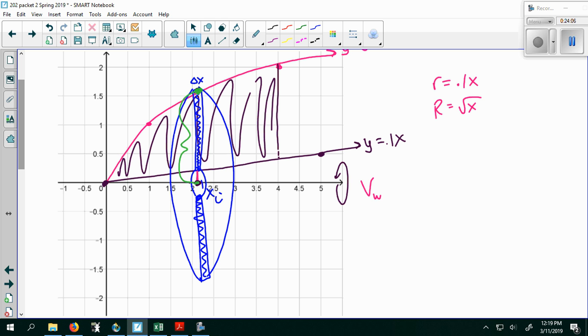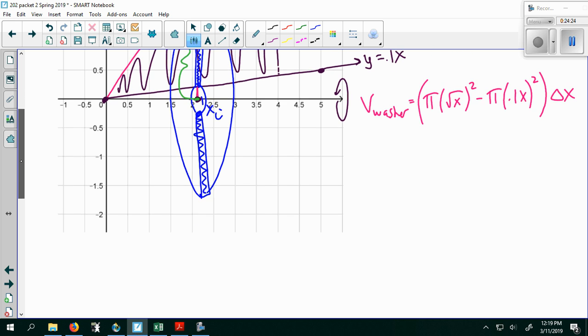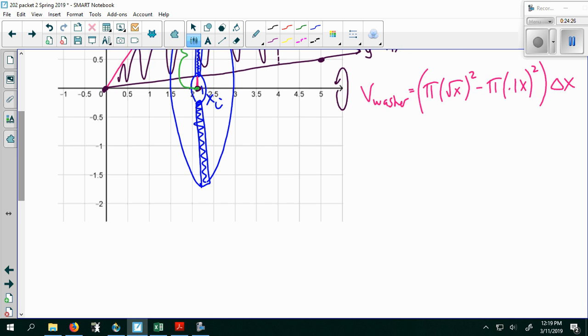So the volume of my washer is pi times big radius squared minus pi times little radius squared, times delta x. Then I'm going to add up n of those washers and then take the limit as n goes to infinity.